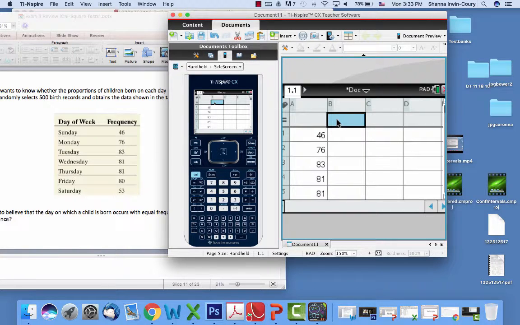So this one is going to be A minus 71.15 squared.